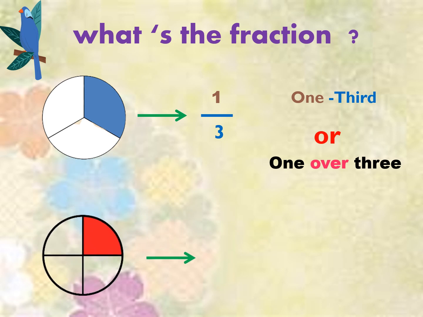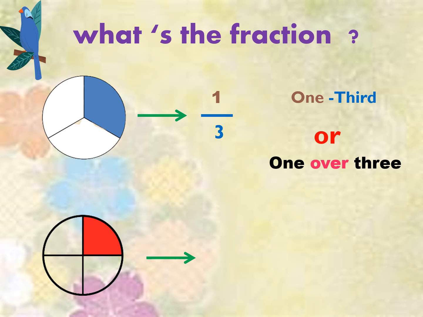Okay, here's the second shape. I have a circle divided into 4 parts. One part is already colored. Remember the definition? The number of the colored parts on top, then a dash, then the total parts, colored and not colored, on the bottom.